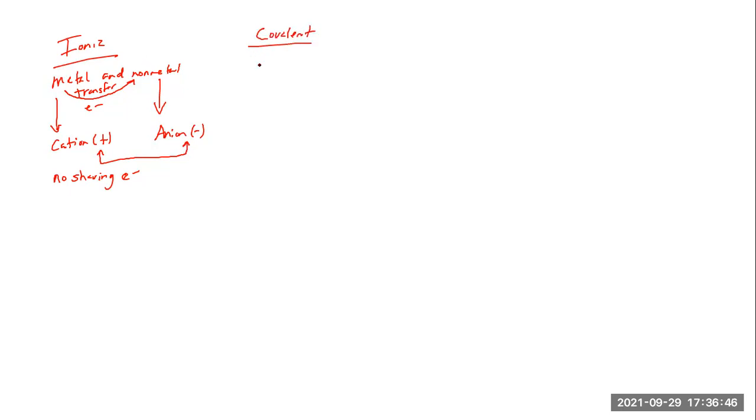First off, a covalent bond is between two nonmetals. Because they are both nonmetals, they are both going to be in the same location on the periodic table, which means in terms of their electrons, they are going to have very similar properties. Basically, nonmetals want to hang on to their electrons, and they also want to gain electrons.